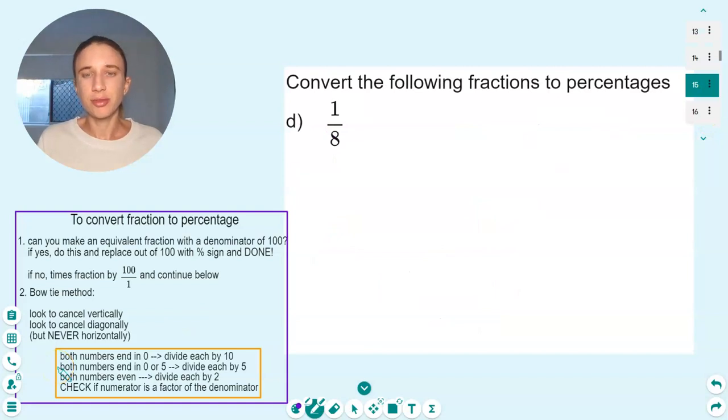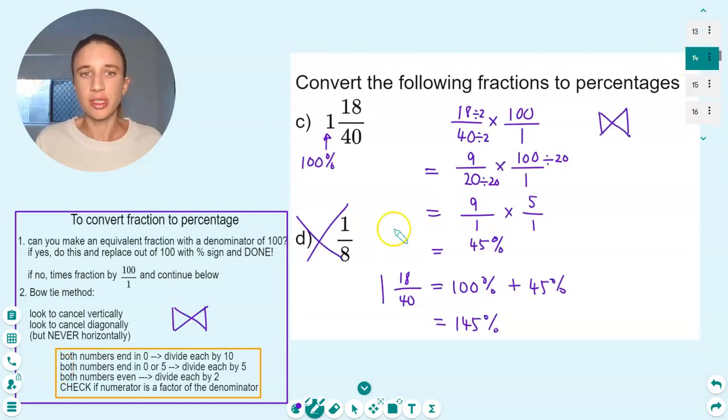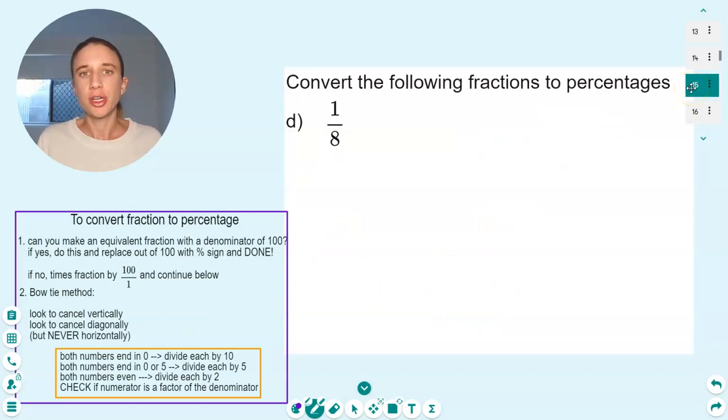Okay, so I've just repasted that question D over onto another page. So fresh start, let's check out how we would convert this fraction to a percentage. So following the process again, the first step is to check if you can express that denominator as out of 100. And you can't, unfortunately, because 8 is not a factor of 100.